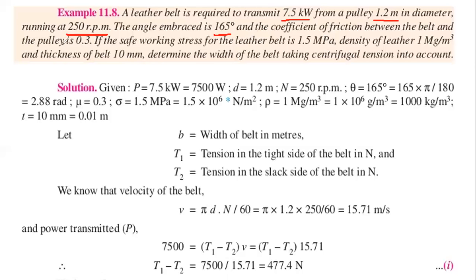The coefficient of friction between the belt and pulley is given as 0.3, and the safe working stress for the leather belt is 1.5 megapascals, and the density of the leather is 1 megagram per meter cube. The thickness of the belt is given as 10 mm, so t is 10 mm.